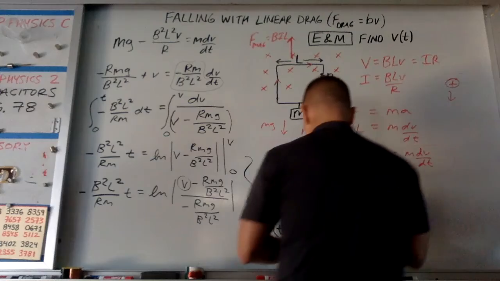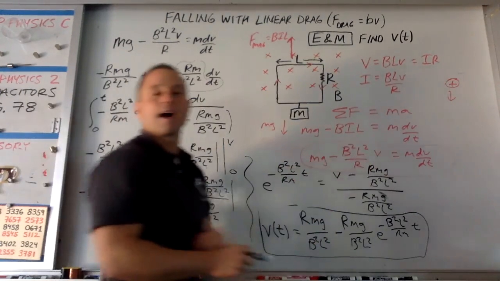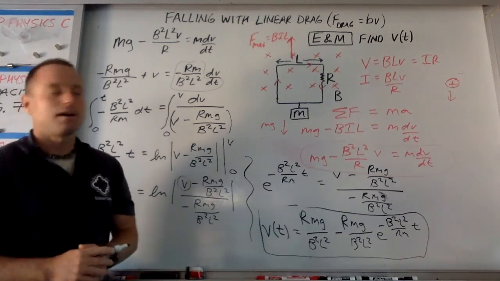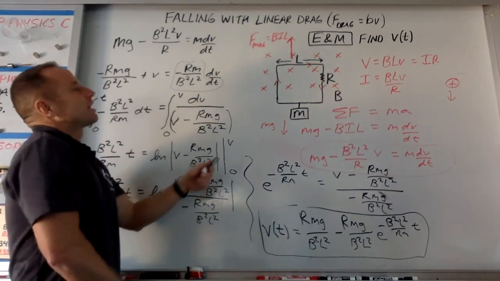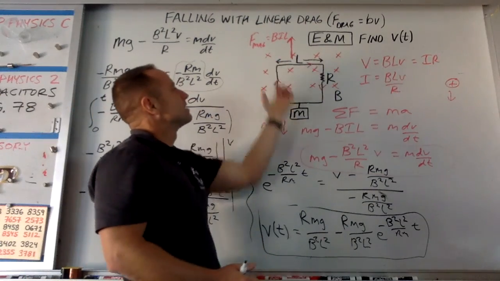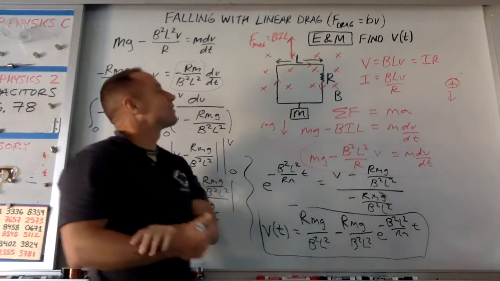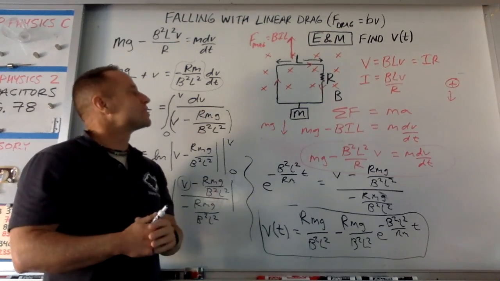So this is actually the terminal velocity that just comes from setting the net force equal to 0. And so that's how you finish solving this thing. That's for a little dropped wire frame, feeling this syrupy drag force from the magnetic force that's going to be resisting the motion.